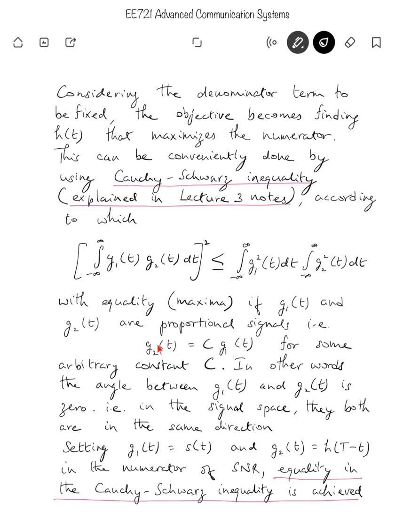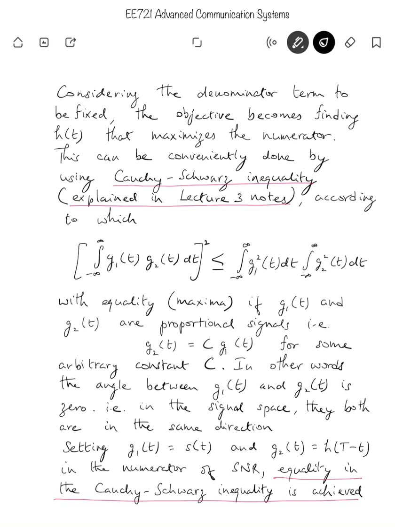So we can have g2 of t as some scaled version of g1 of t, or g1 of t as some scaled version of g2 of t. Either way, we just say that these two signals are proportional signals, and when the two signals are proportional to each other by some proportionality factor which we call c, the angle between them is 0. That means they are along the same line in the signal space.